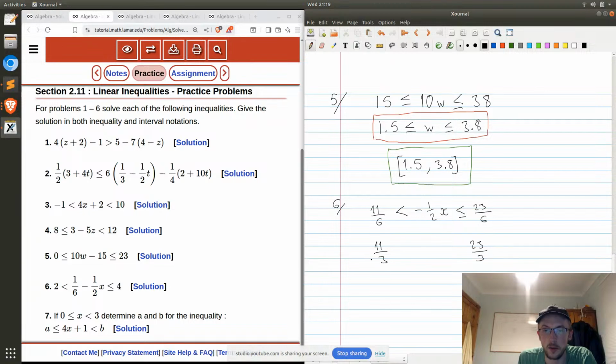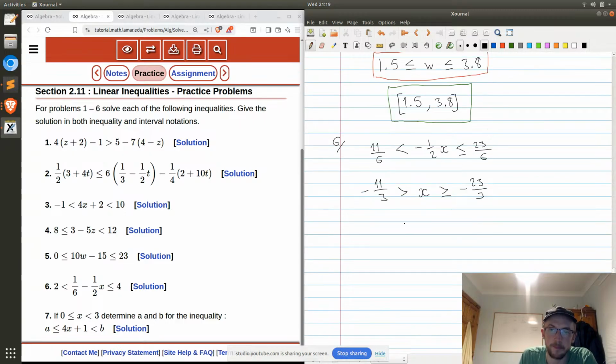But hold on now. What about the signs? Minus there, minus there. Okay, and good old x in the middle. So it'll be like that. But we remember from last time, they want the lesser number on the left to be more quote-unquote standard form. So we shall oblige and do that. So here it is.